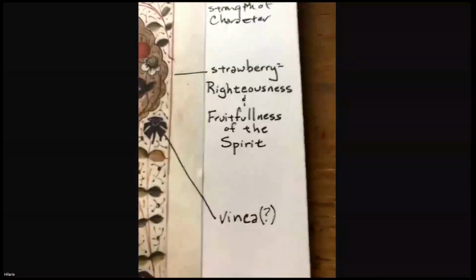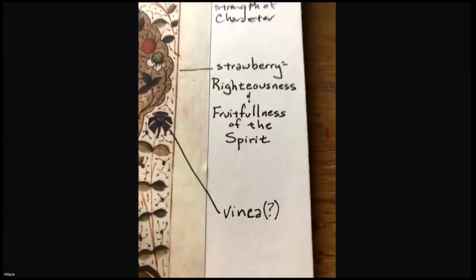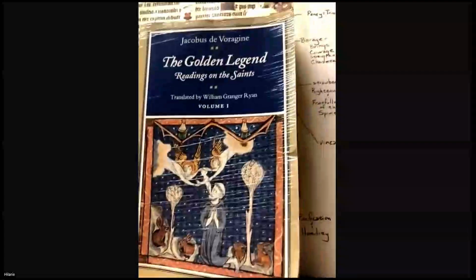Well, if you're interested, the Golden Legend is available. Mine is in a soft bound two-volume set. It is really boring reading. Oh, it hurts me. Here's my very well thumbed copy of my Golden Legend.